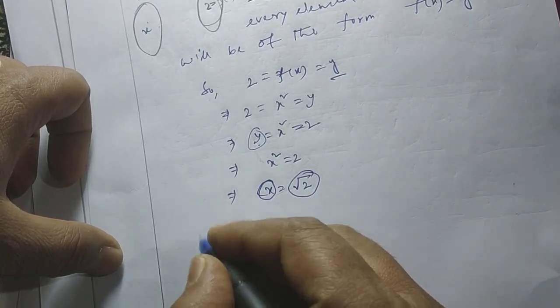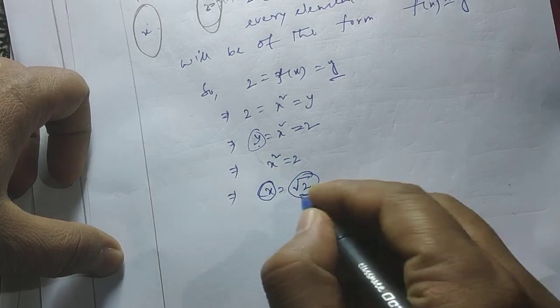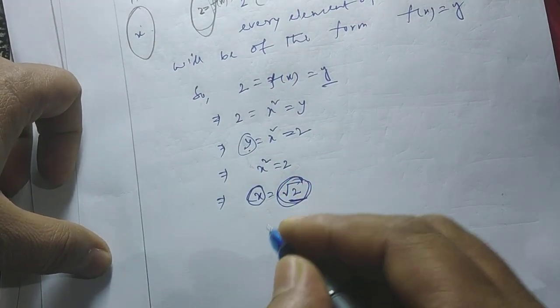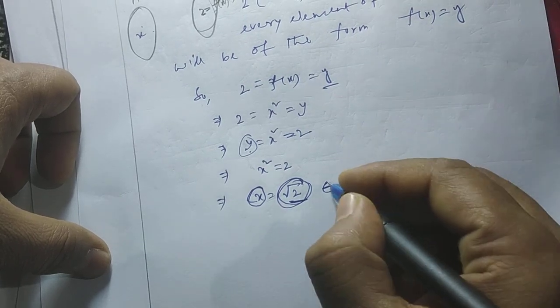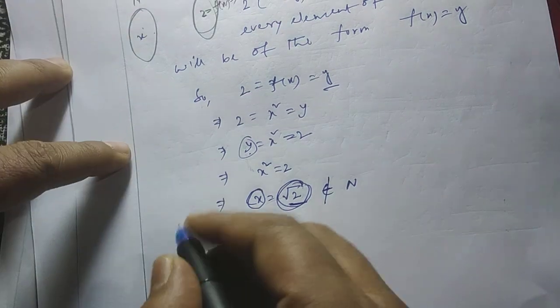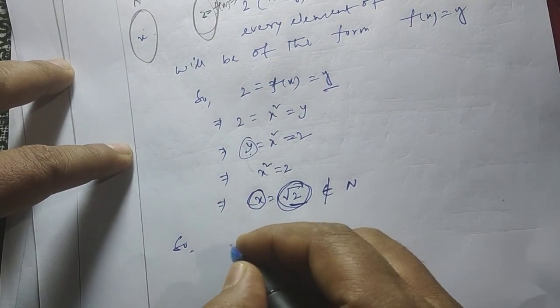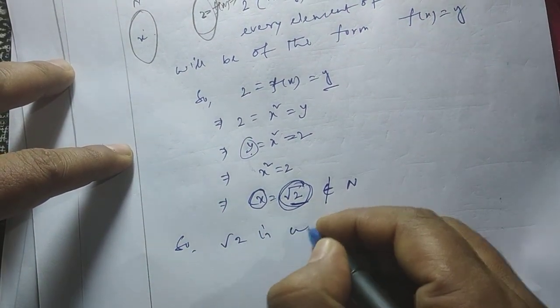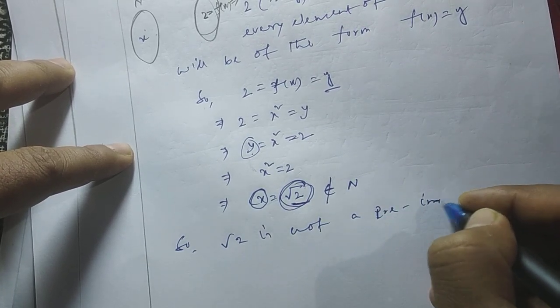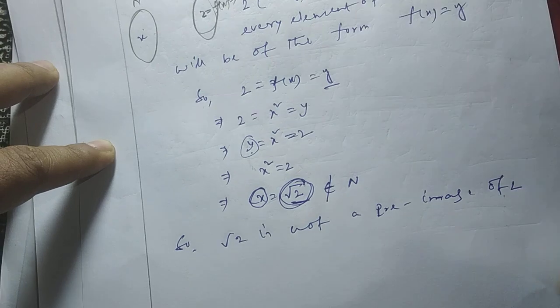So here root 2 is the preimage of the 2. But what about root 2? Root 2 is an irrational number, does not belong to natural number. So instantly you can claim root 2 is not a preimage of 2.